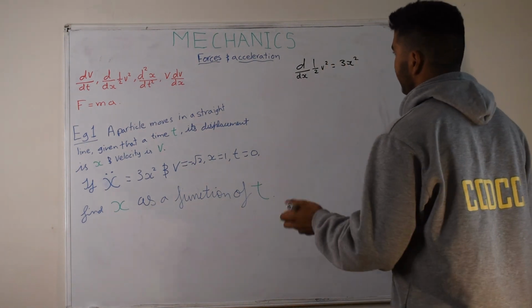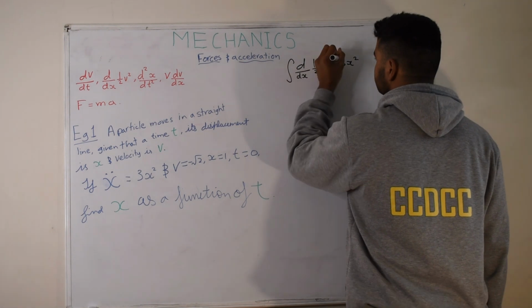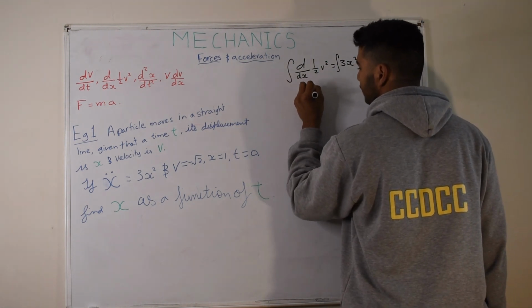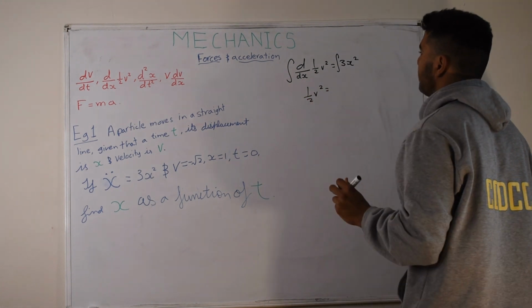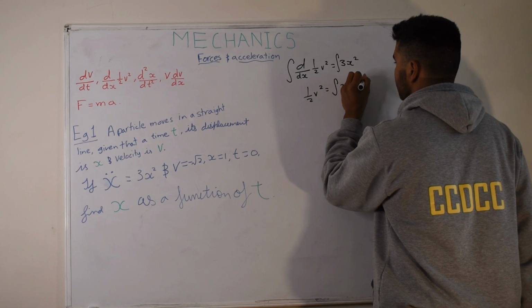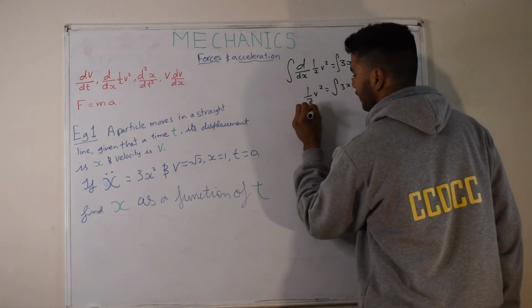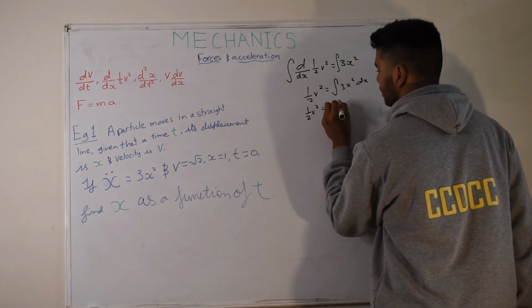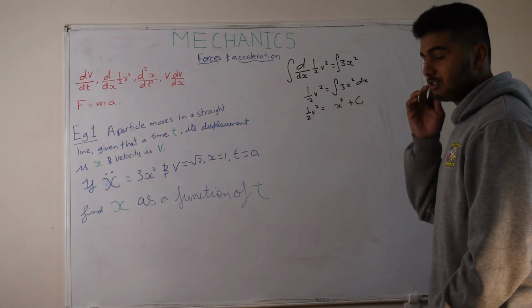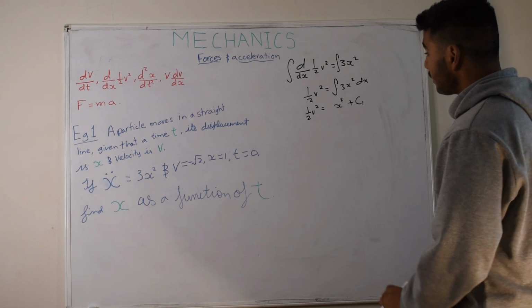Let's integrate both sides. We then get half v squared equals the integration of 3x squared dx. Half v squared equals x cubed plus c1. First constant over here.